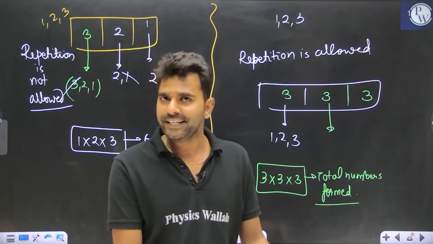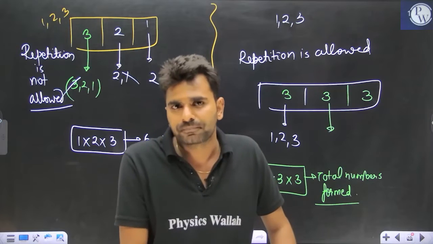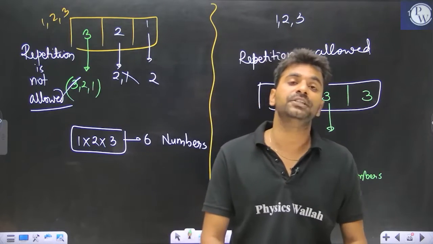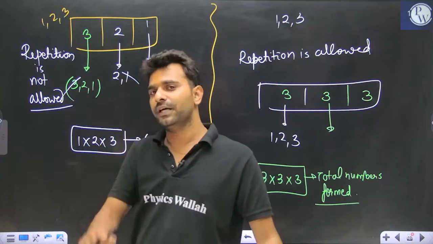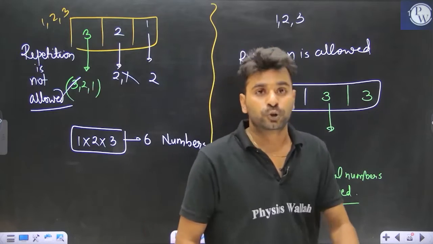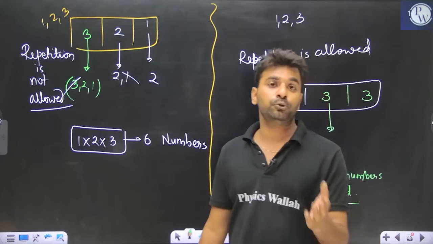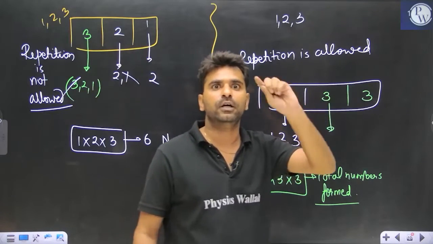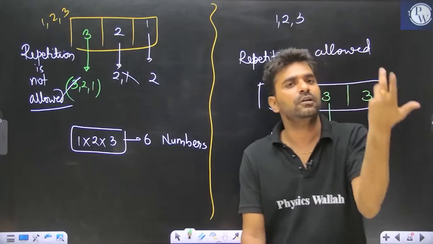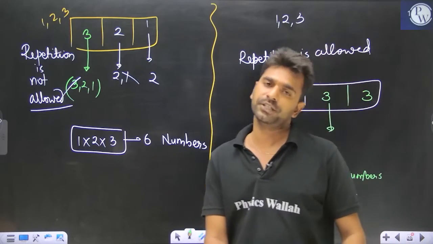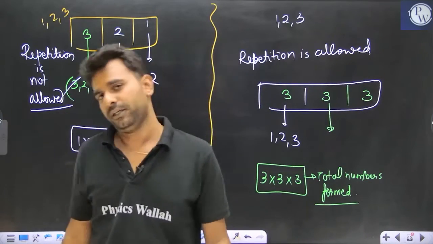Now tell me, is 133 a 3-digit number? Yes sir. So by default, if I say how many 3-digit numbers you can form, the repetition of the digits is allowed, because 133 is again a 3-digit number, 212 is again a 3-digit number, 222 is again a 3-digit number, yes or no? So by default, you have to understand that in numbers, repetition is allowed. So that's why you have to consider repetition of the digits is allowed in that particular case.